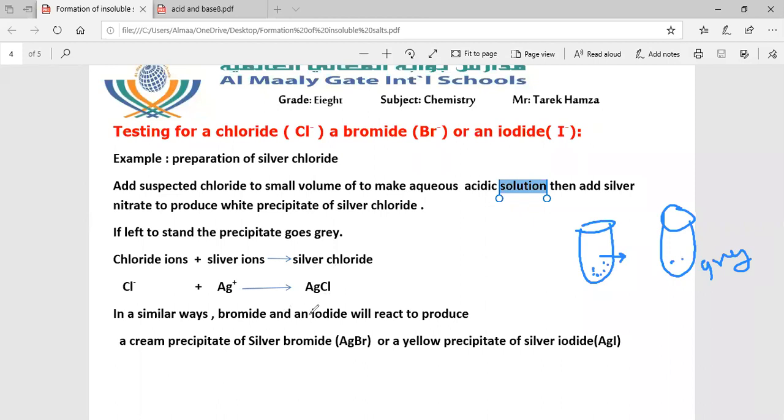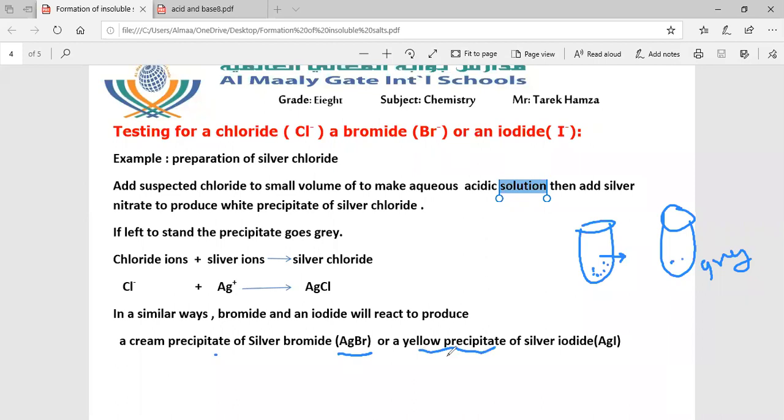In a similar way, bromide and iodide will react to produce a creamy precipitate of silver bromide, AgBr. But with iodide, silver iodide is formed, which has a yellow precipitate color.